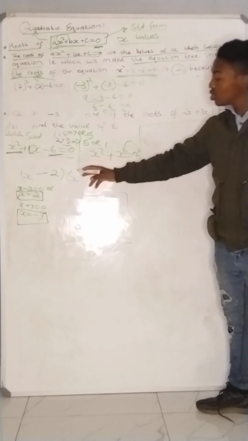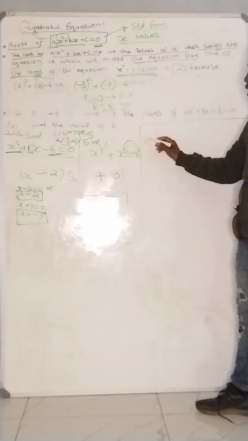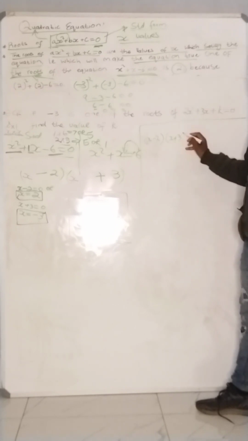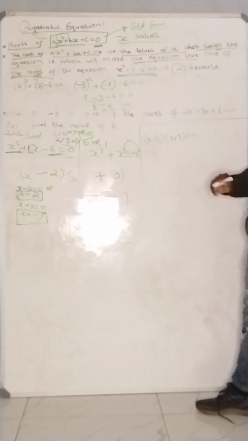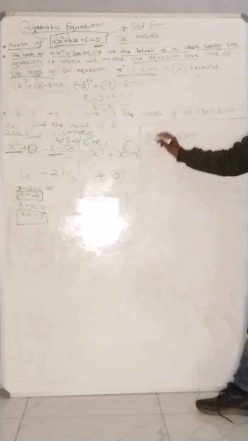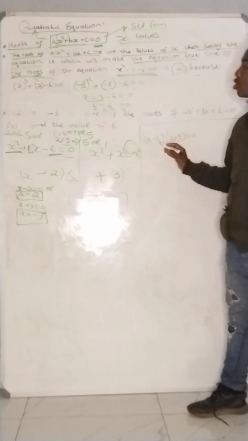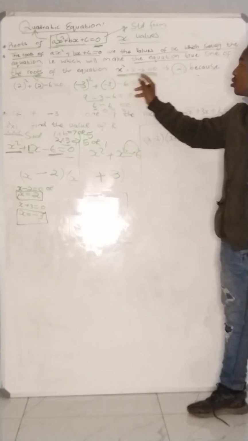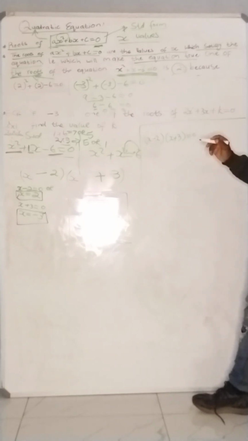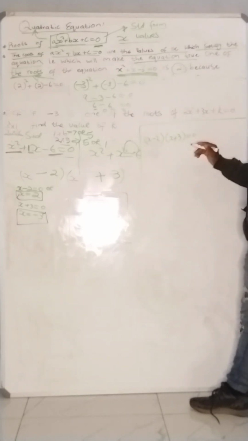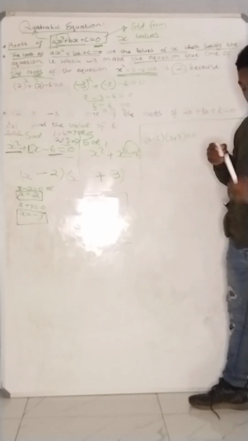The factors for the quadratic equation are x minus 2 into x plus 3 is equal to 0. Now, when you multiply this, it must take you back to the original equation for you to be able to say that the factors are correct, to satisfy yourself. So how do you do that?